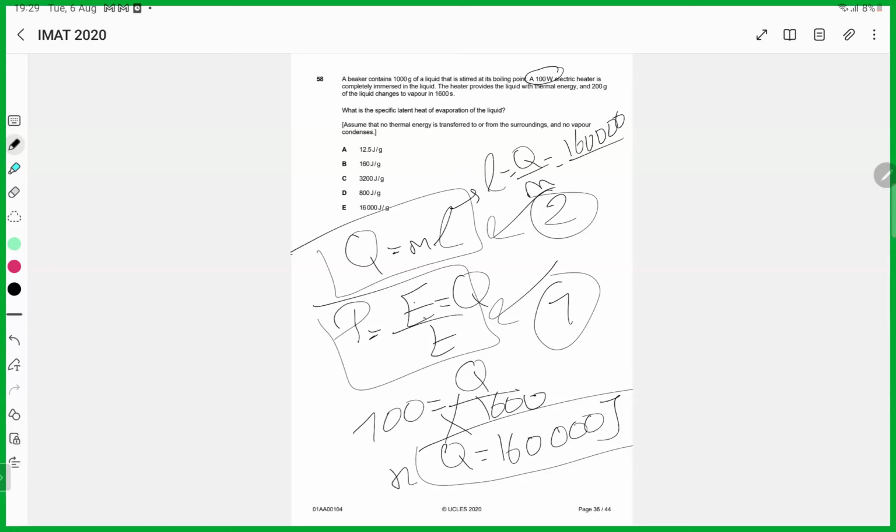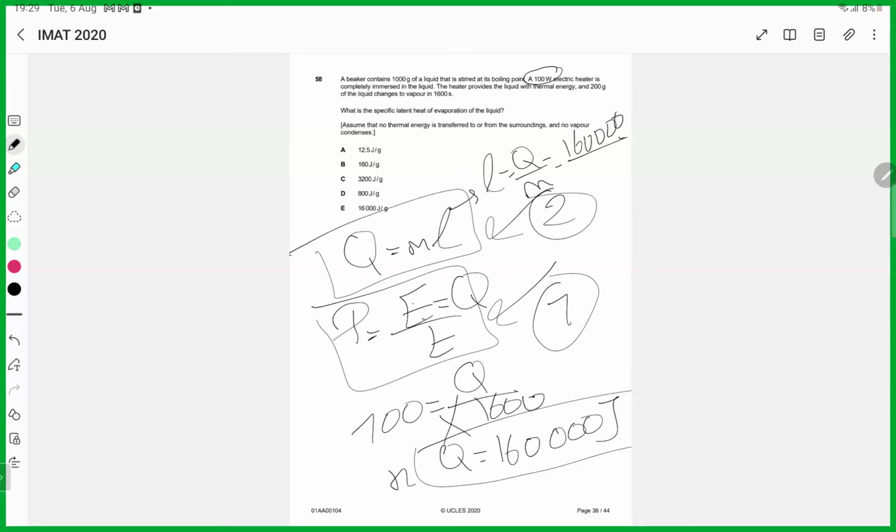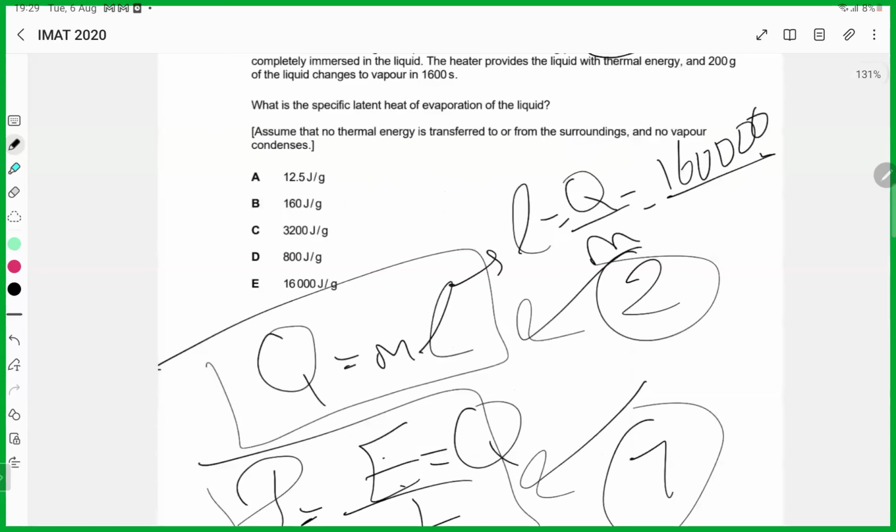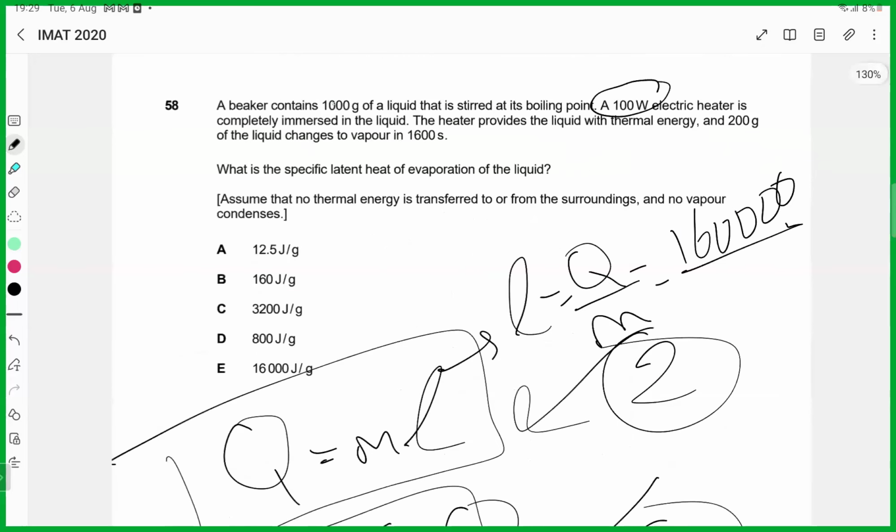Now, what is the trick in this question? They gave you two masses. The first mass is the liquid, and the second mass is the liquid after changing to vapor, the water vapor. So here they want you to fall into this trick and use this mass. But you should put in mind that in the latent heat we always use the produced mass, the last mass.